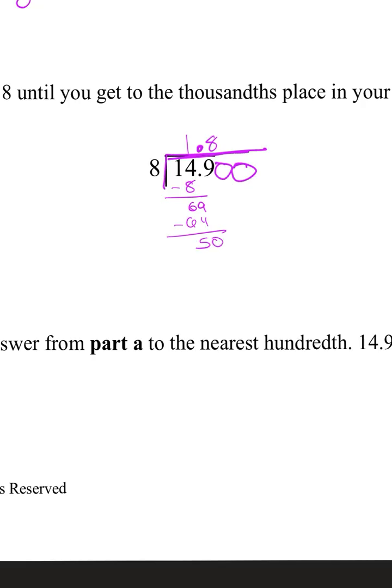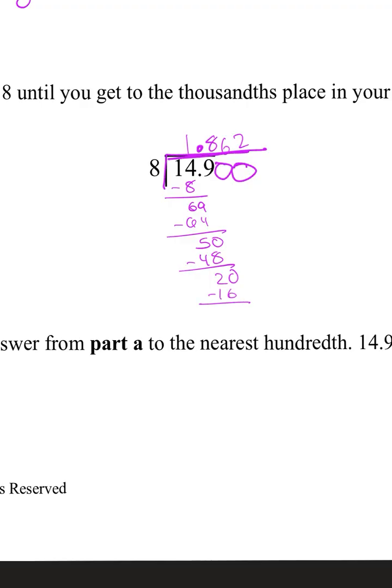Bring down the 0. 8 goes into 50 6 times without going over. 6 times 8 is 48. Subtract those, I get 2. Bring down the 0. 8 will go into 20 2 times. 2 times 8 is 16.